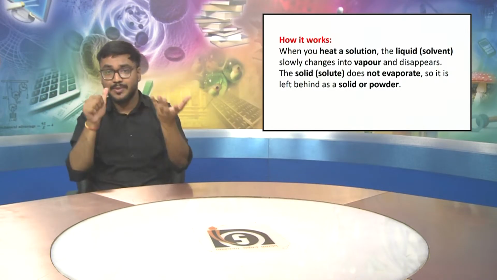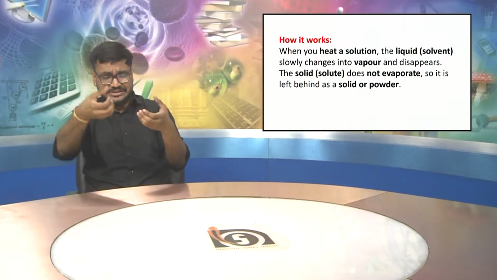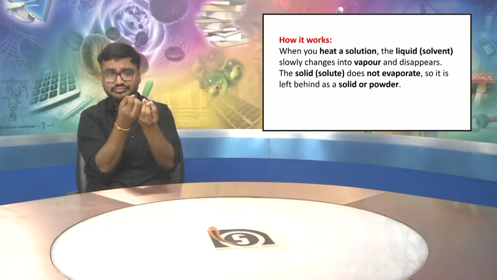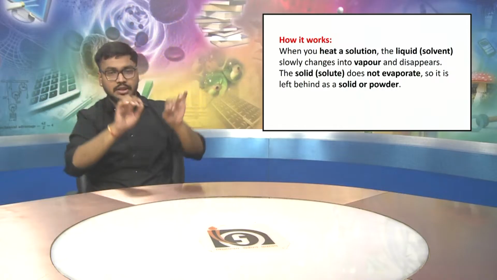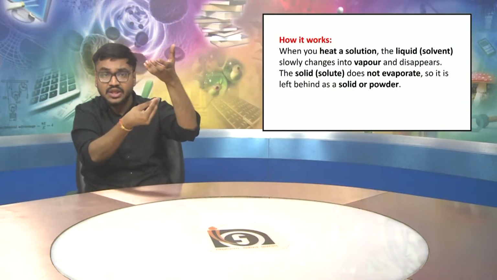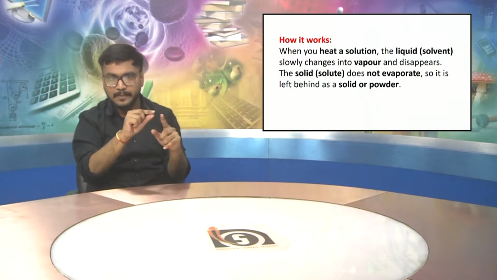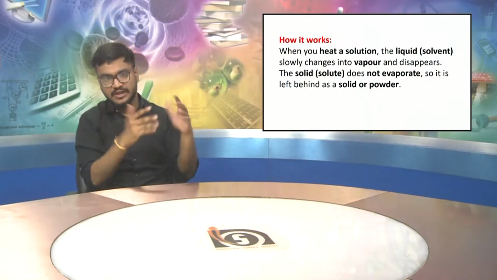When you heat a solution, the liquid, which is the solvent, slowly changes into vapor, and after heating it disappears through the vapor. Then the solid, which is the solute, does not evaporate, so it is left behind as a solid or powder.